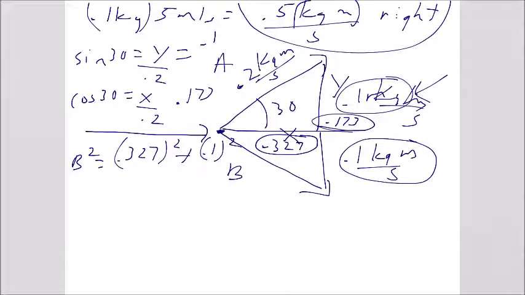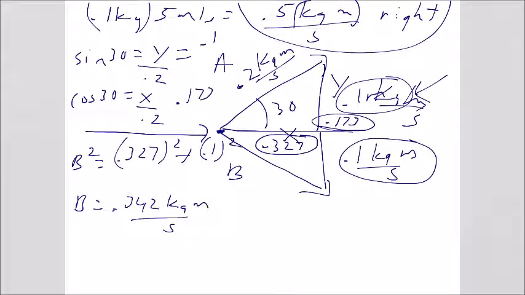Take the square root of both sides and get 0.342. All right, so that's the magnitude of the momentum of ball B or puck B after the collision.